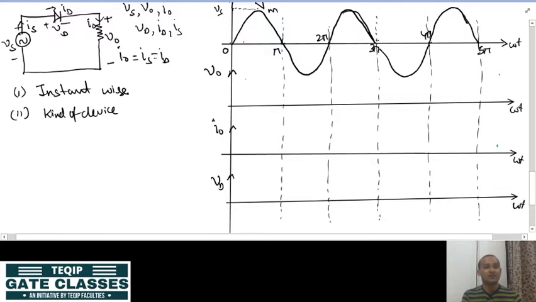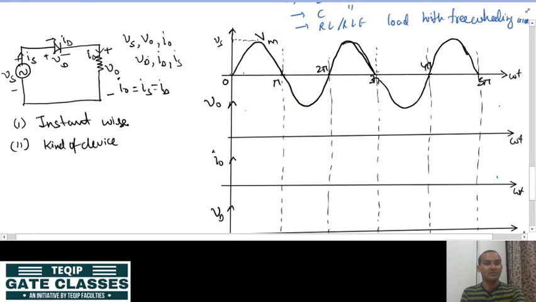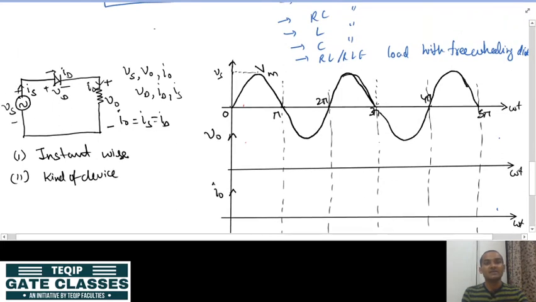One thing I have skipped here: I am taking some assumptions while analyzing this circuit. First assumption is that all the devices have forward resistance as 0, meaning the devices are ideal.